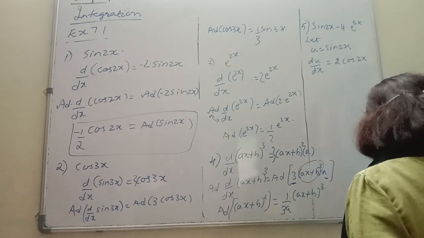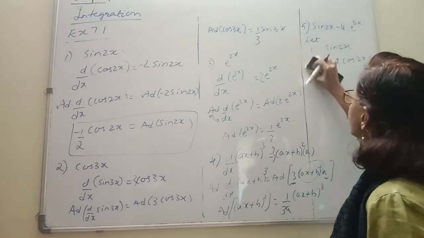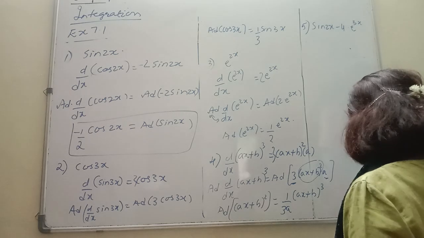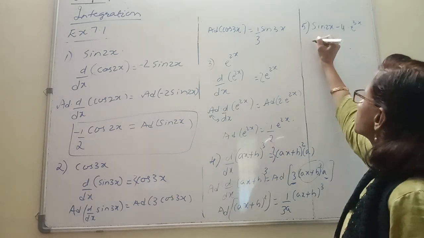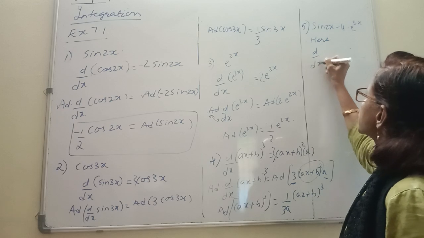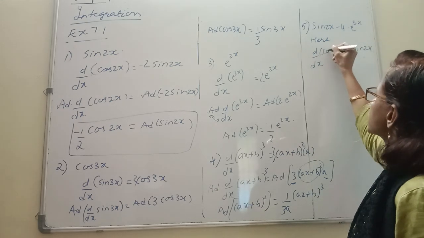No, we will not call it like that, because that way we are not going to get what we want. We are going to check which function is going to give you sine 2x. That's very clearly cos 2x.